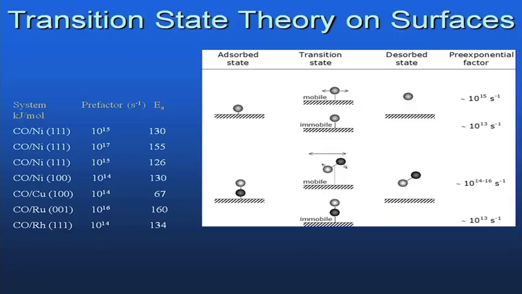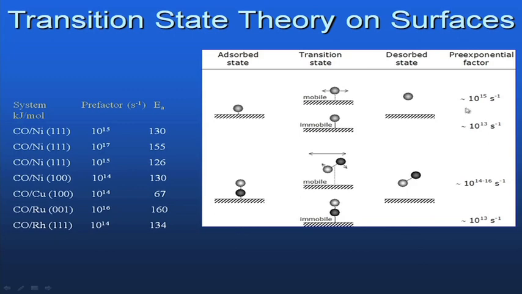If it has the mobility option, then your entropic term will contribute significantly, which will surely give you a higher value. That is why you see that the pre-exponential factor for the mobile transition state case is about 100 times more than where the adsorbed species is immobilized.